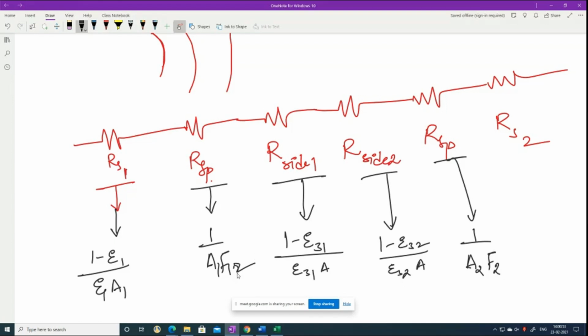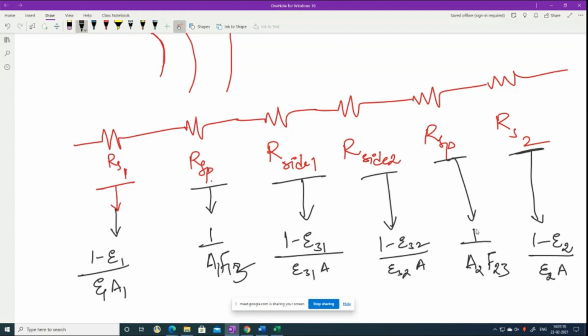This is actually F1 3. This is F2 3. This one is 1 minus epsilon 2 by epsilon 2. Yeah, the same formulas that we have used previously.